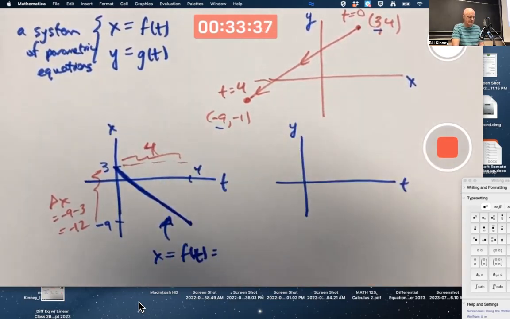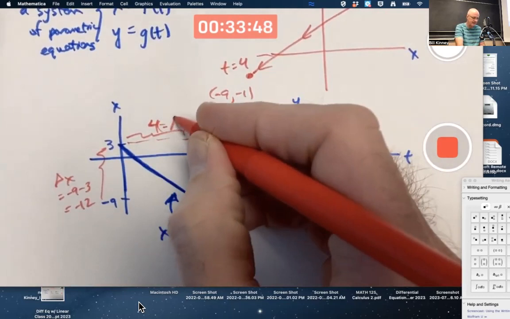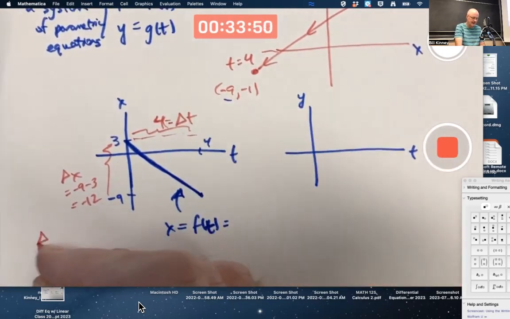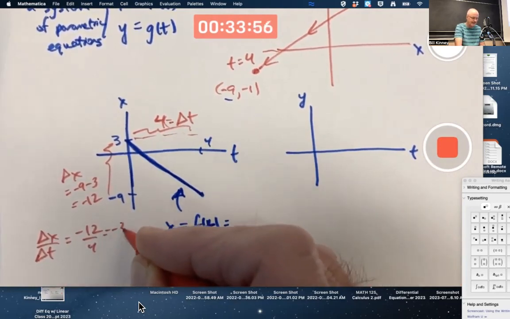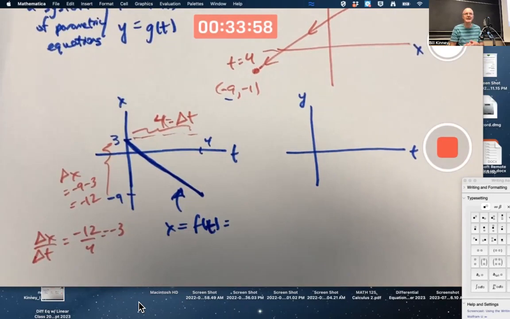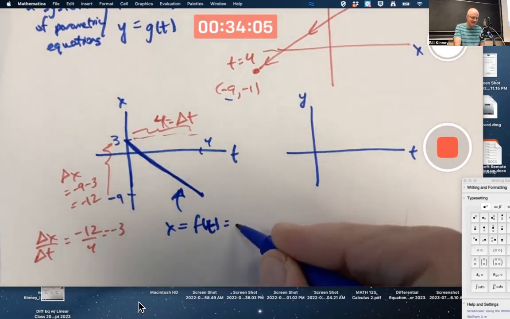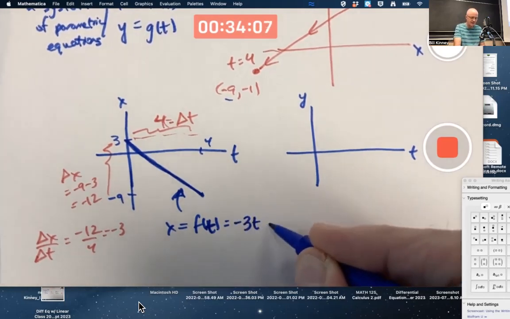This is really an average velocity in the x direction. Delta x over delta t is going to be negative 12 over 4, which is negative 3. That is the slope of that line, and it's also what you might call the x component of the velocity. And this equation is negative 3t plus 3.